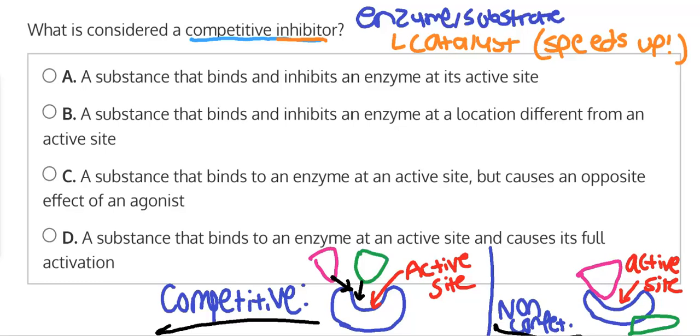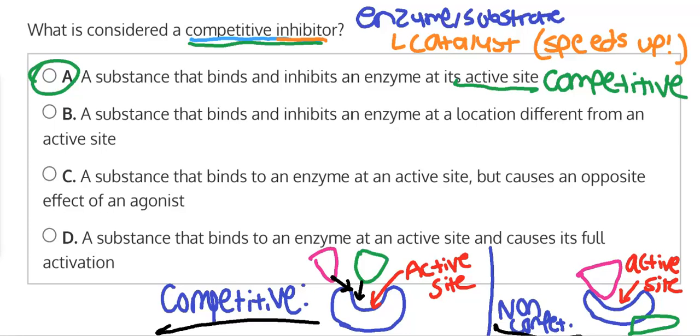So going to the choices here, option A says, for a competitive inhibitor, which is the definition, a substance that binds and inhibits an enzyme at its active site. And that's the key word there to know that we are talking about a competitive inhibitor. So that would be the answer to this question, because that's what we're looking for.